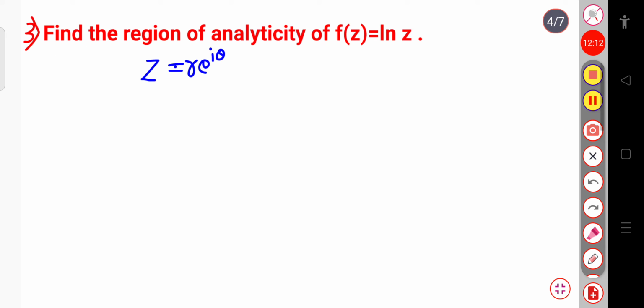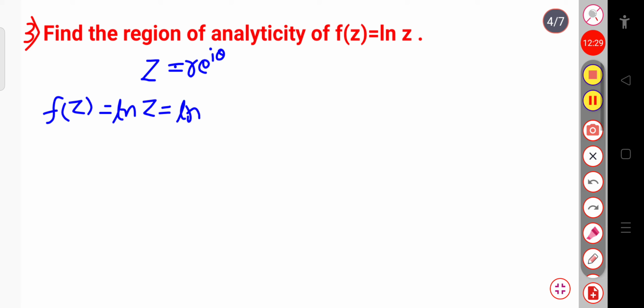Now we will check the analyticity of the function ln z. So let us first write z equal to r e^(iθ). This is in the polar form. So we can write f(z) equal to ln z, or we can simply write ln(r e^(iθ)).